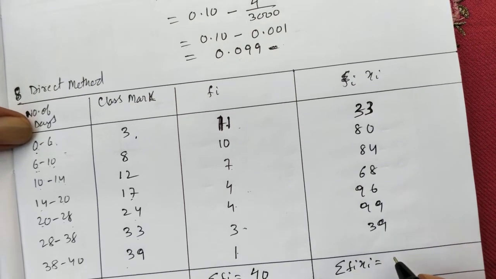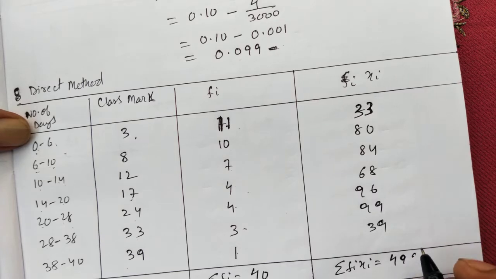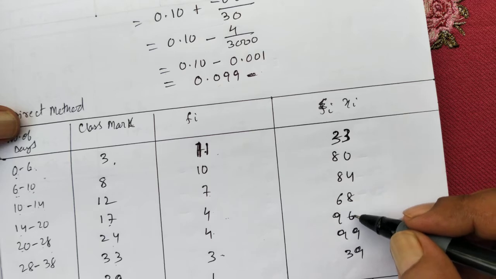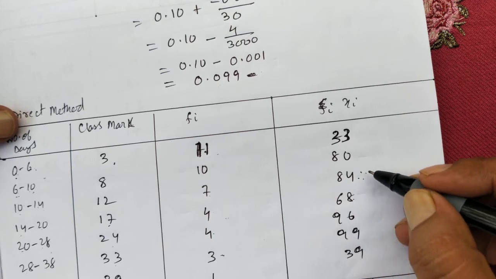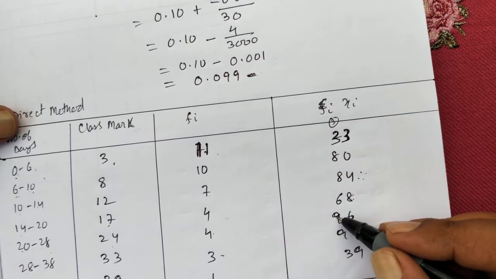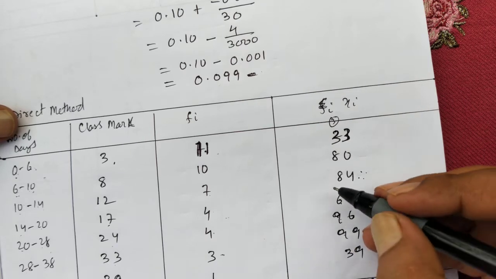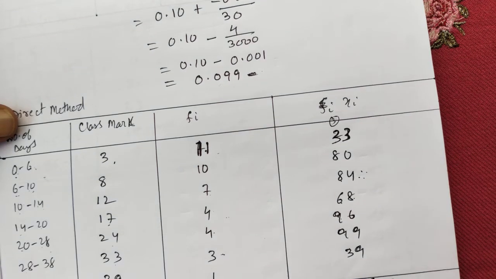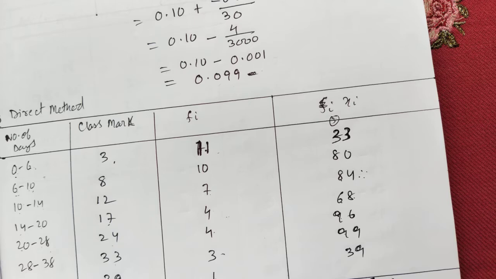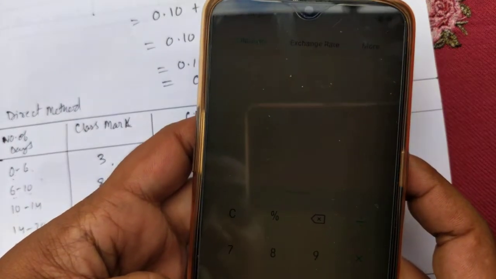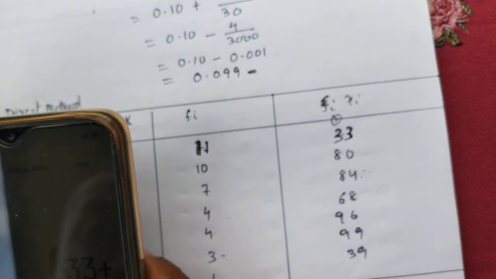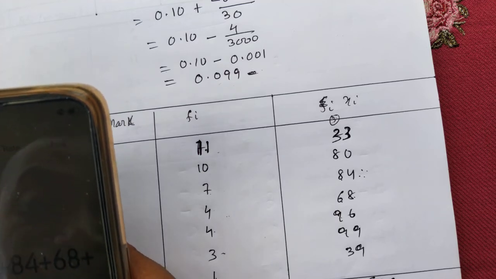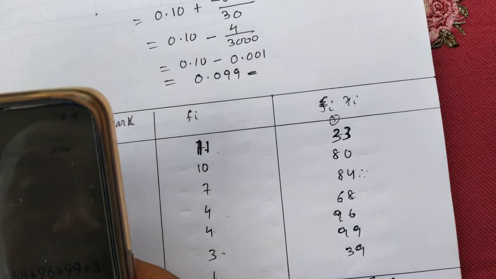Now let's check again by adding. Let's add here, I'm doing it in the calculator to save time. 33 plus 80 plus 84 plus 68 plus 96 plus 99 plus 39. It's coming 499, okay?